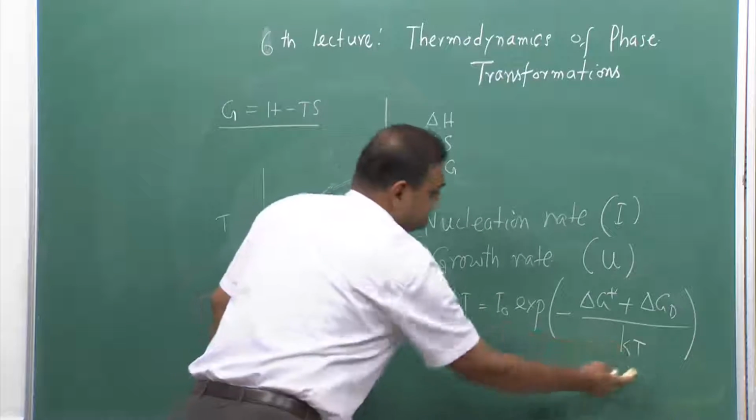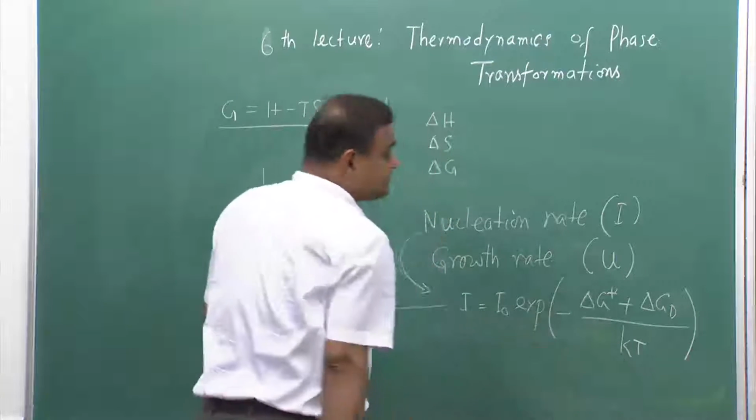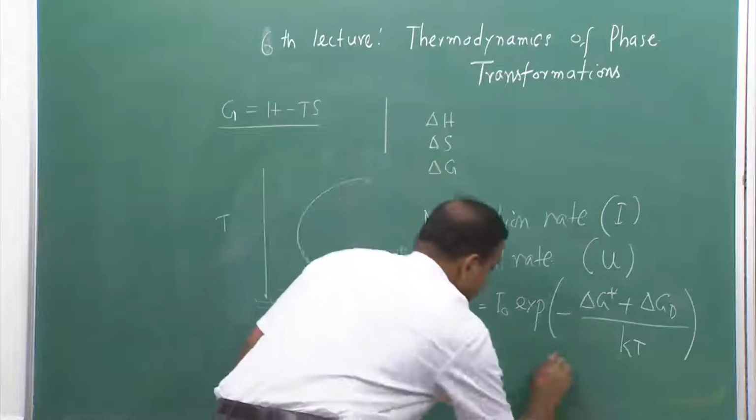This temperature is in Kelvin scale, and this k is the Boltzmann constant.